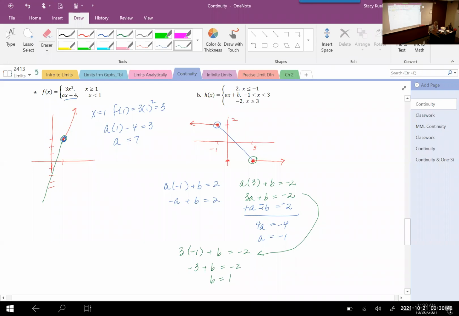I just plugged in negative 1 into one of the 2 equations. When you solve 2 equations, you solve for one variable once and then you plug that number back in and substitute to find the other one. Okay? Questions on that? No? All right.